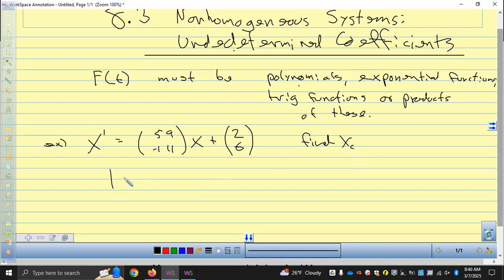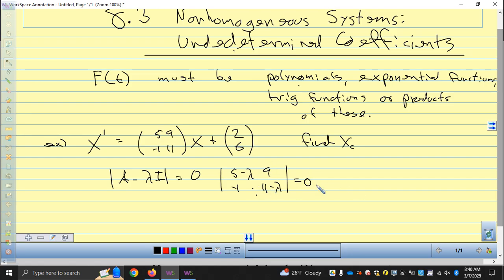So we solve the determinant of A minus lambda I equals 0. So 5 minus lambda, 9, negative 1, 11 minus lambda. Hopefully this is familiar by now.